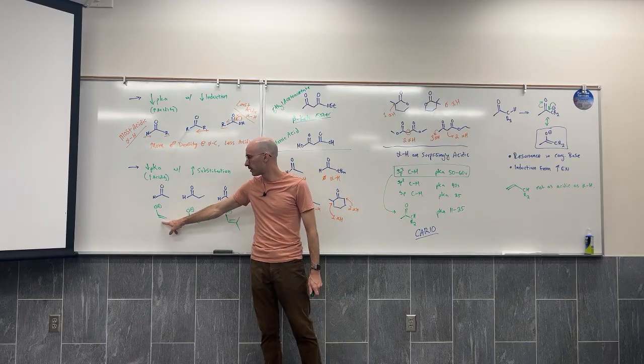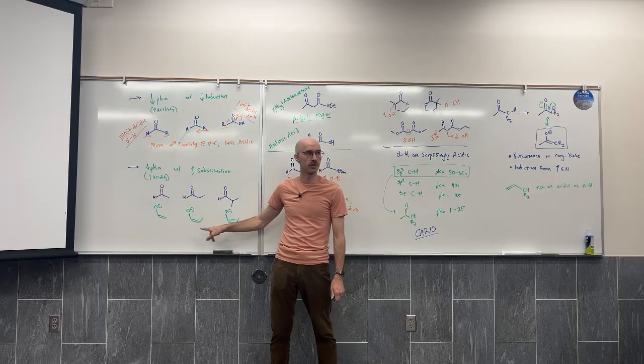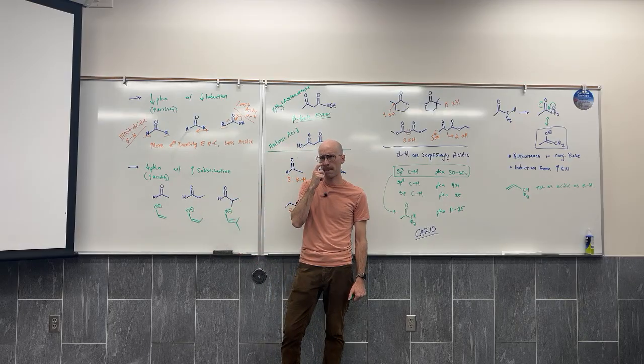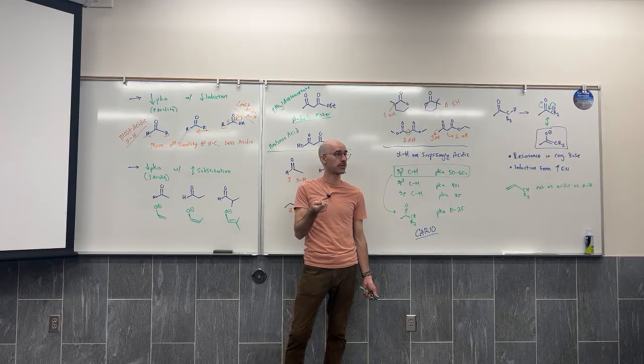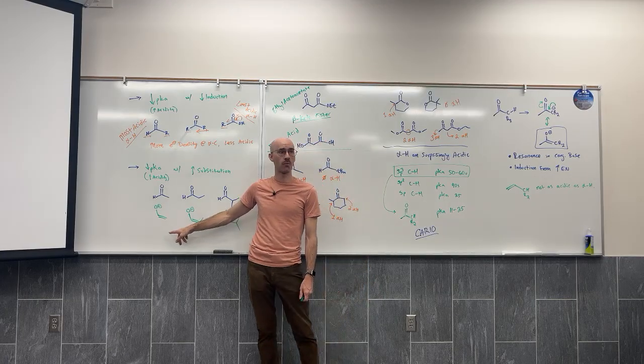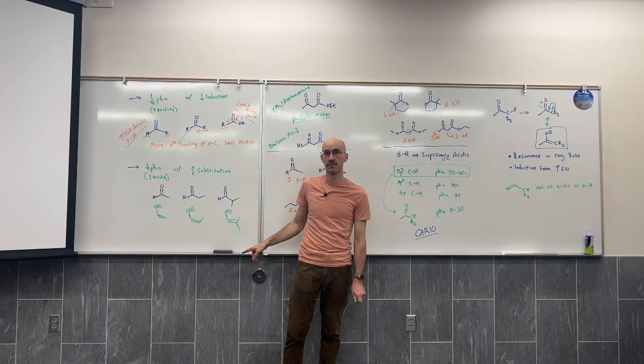What do you notice as the alpha carbon becomes more substituted? What do you notice about the structure of the conjugate base? It also becomes more substituted. We learned a trend in OChem 1 that said a more substituted alkene is more stable.